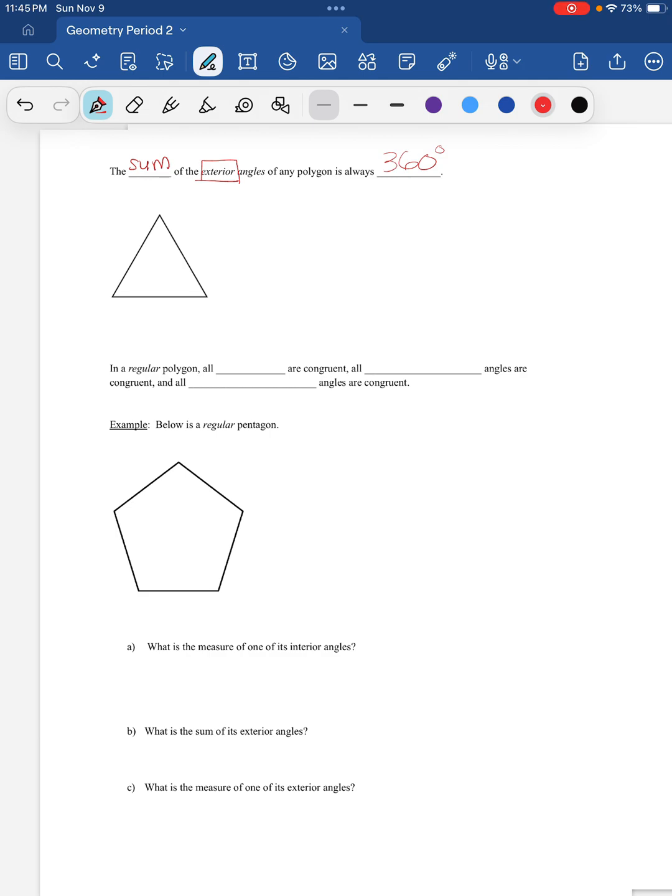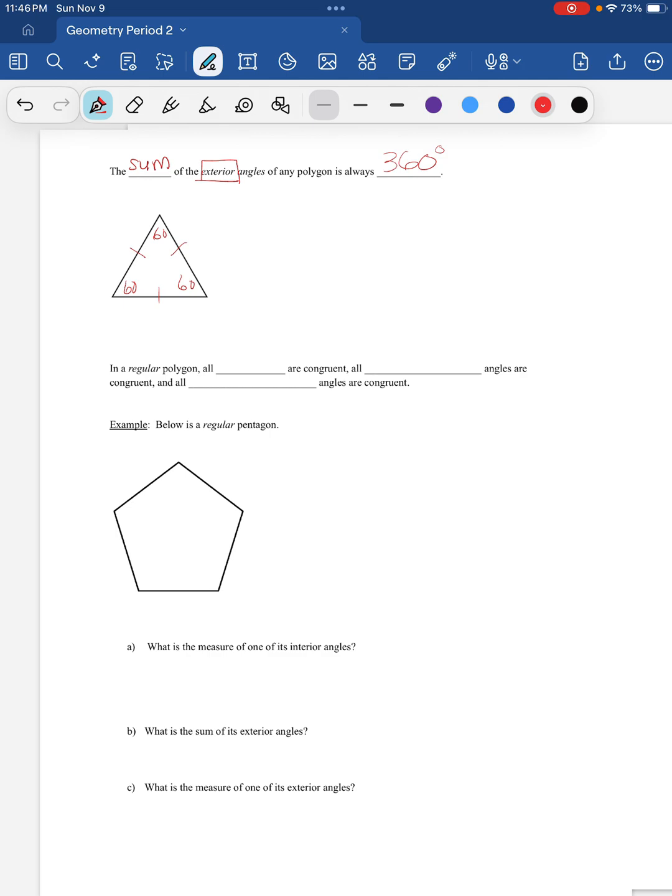So let's say that this triangle right here is an equilateral triangle, which would mean that automatically these three interior angles have a measure of 60, 60, 60.